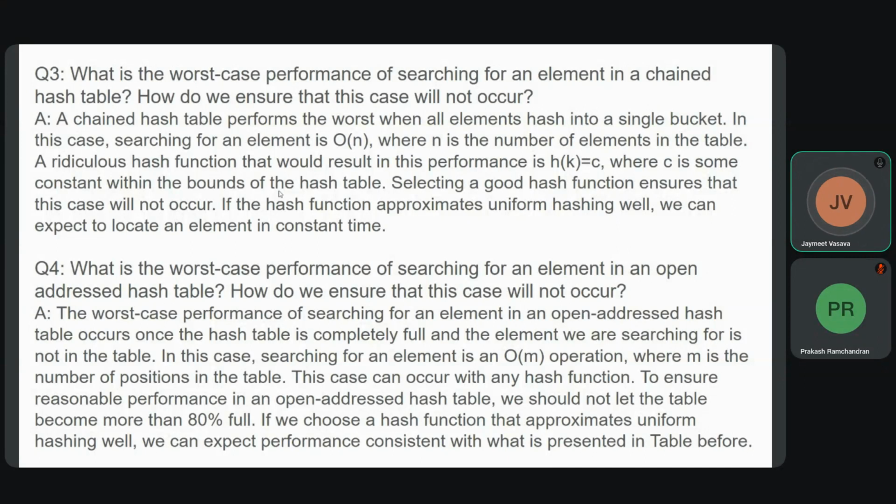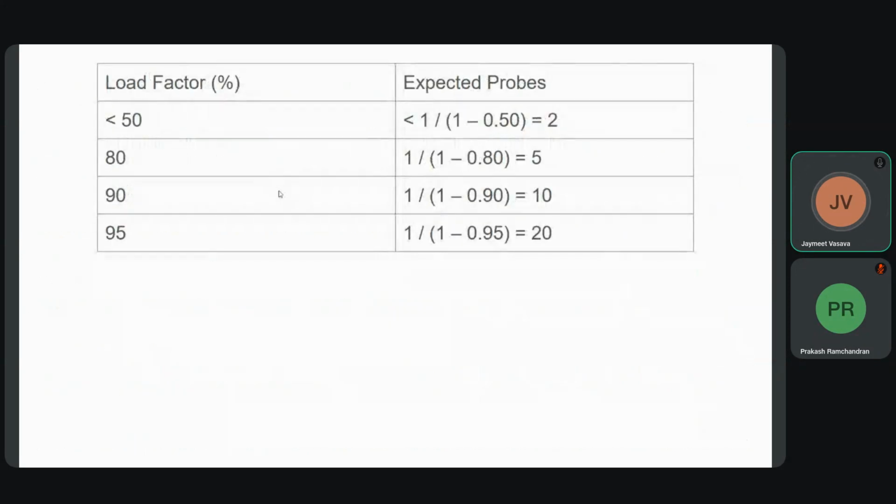To ensure reasonable performance, as we have discussed in the table that we have seen, we should keep the load factor low. For a load factor of less than 50% occupancy, you can see the expected probes to be 2.